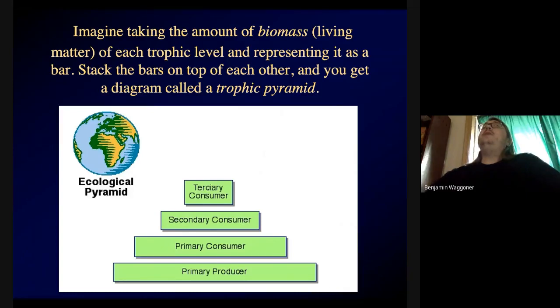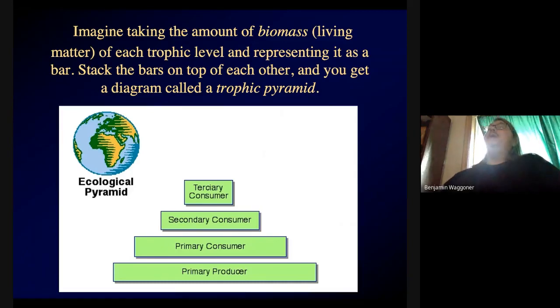So let's say we could take a piece of prairie. Imagine that we could vacuum up every living thing on that patch of prairie and sort every living thing by its ecological role and weigh them all.